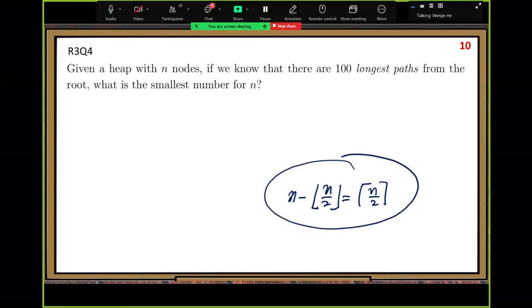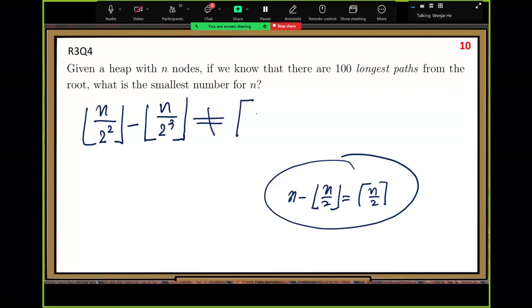But for height 2 nodes, we use h, or 2 square minus 2 cube, and this one is not equal to the ceiling function of n over 2 cube. Not equal.